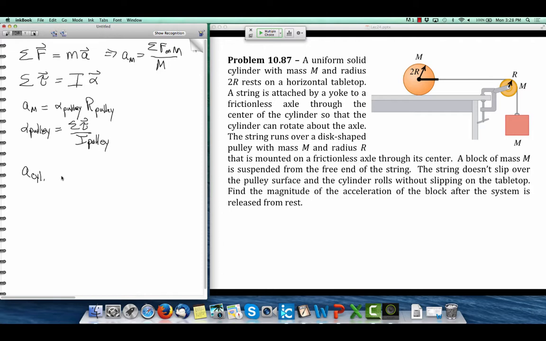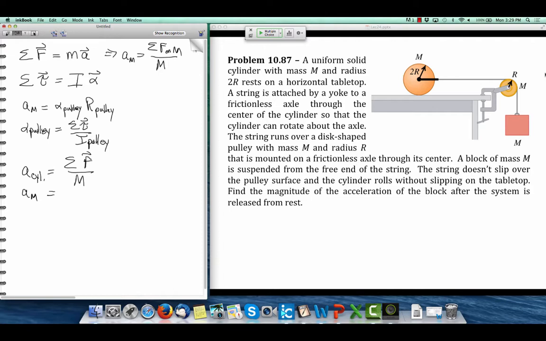The cylinder has an acceleration that's equal to the acceleration of the mass as long as the string isn't stretching. Whenever that mass moves downward, the cylinder moves to the right.